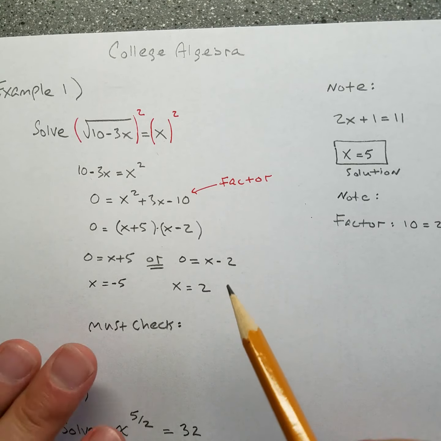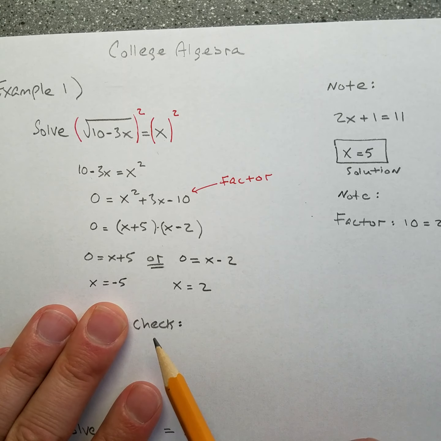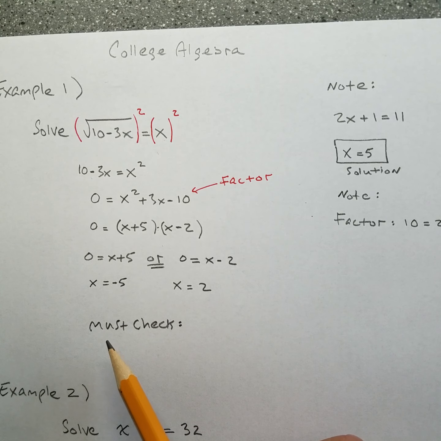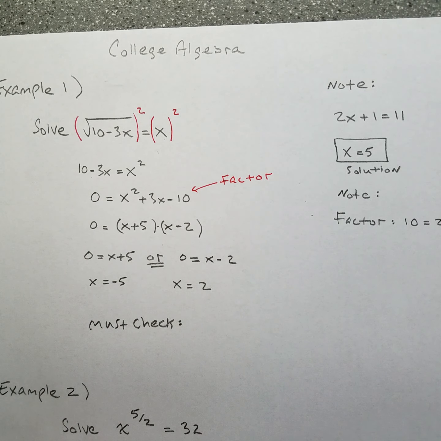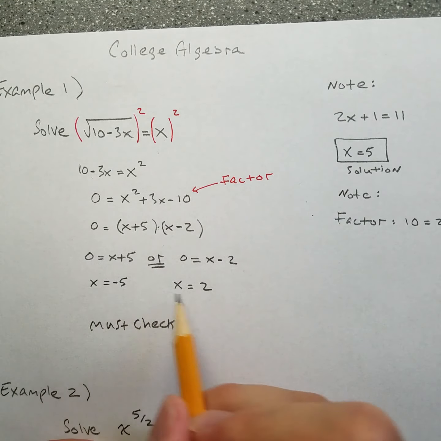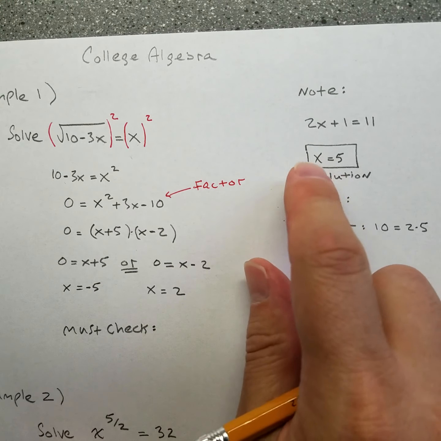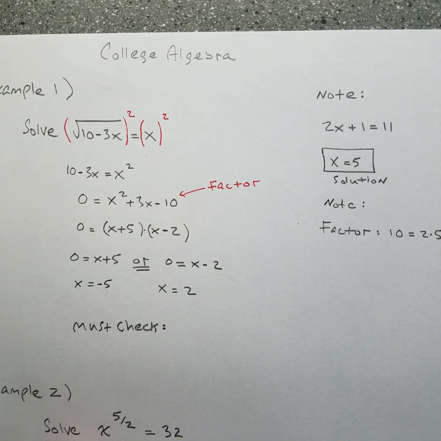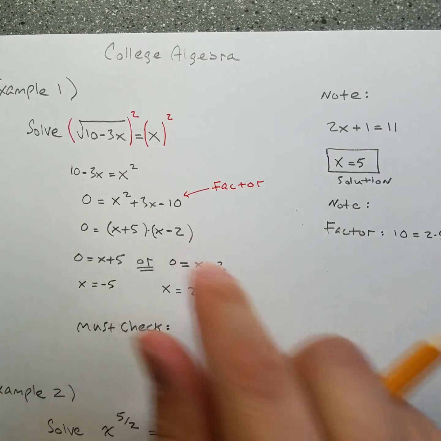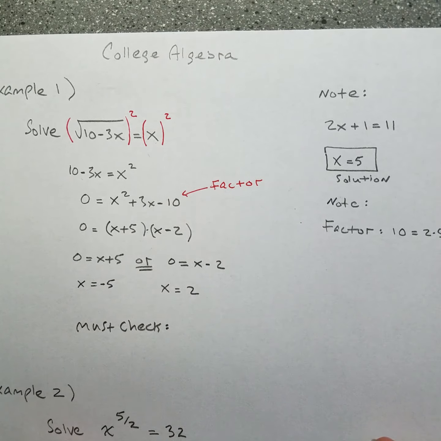So, I guess you can check any problem, but here I'm saying you have to check it. It's not an option. One of those could be a false answer. So, how are we going to check it? Well, how did we know that 5 was an answer to that one? We put it in, we see if it works. So, take that very original equation and put both of these in, and we'll see what happens.